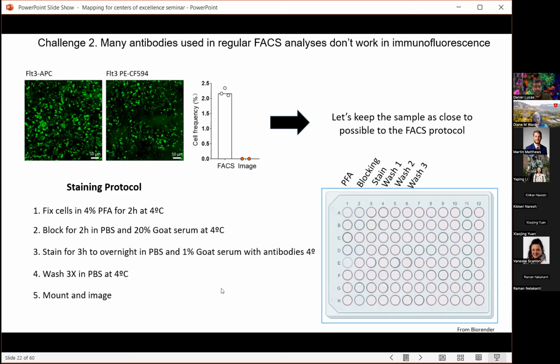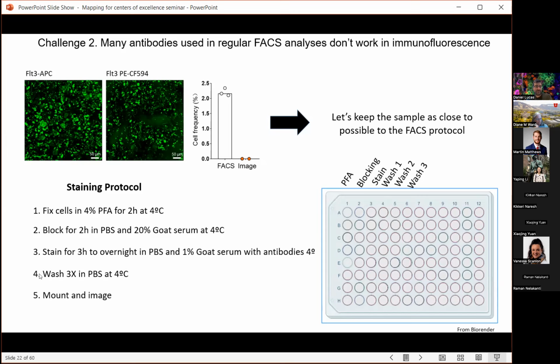And this is very important. Most of the antibodies that we use are directly conjugated antibodies that you buy from your regular providers for flow cytometry. BD, BioLegend, R&D, and Thermo Fisher are our main sources of antibodies.